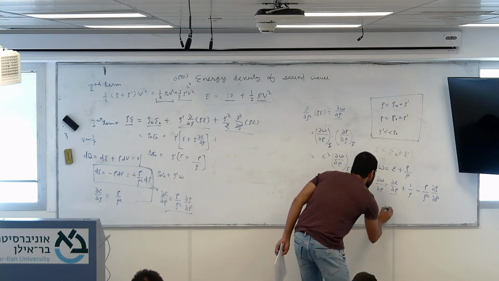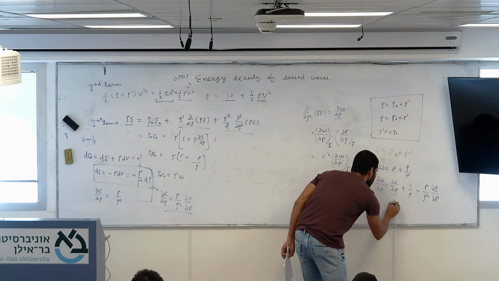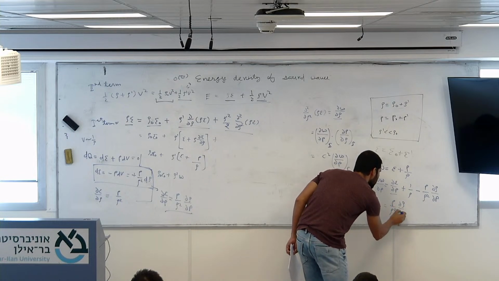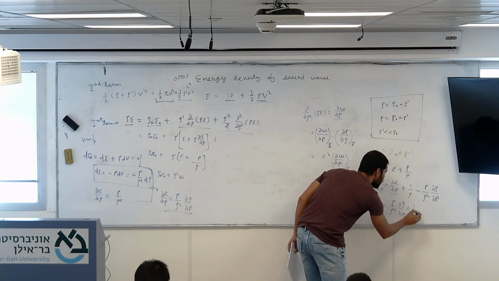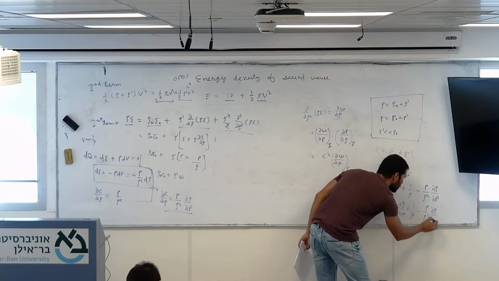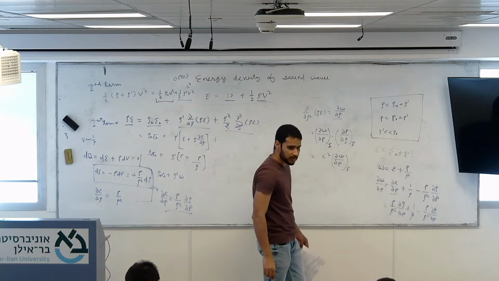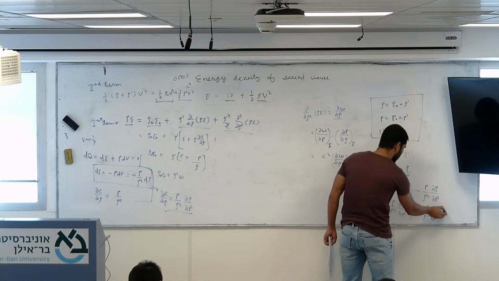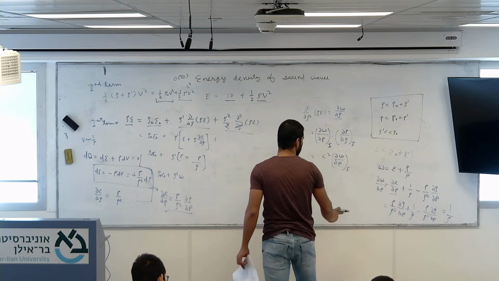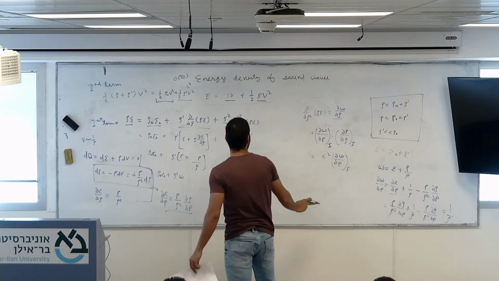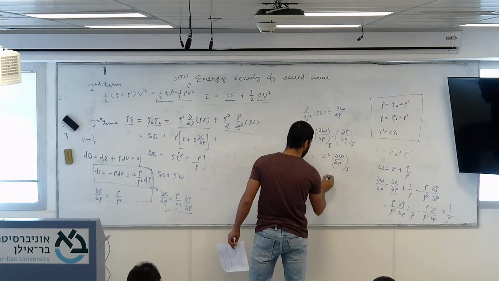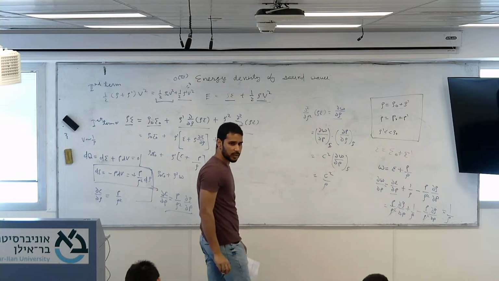First one, so it becomes D. These terms are equal, you can see. So finally you have dW over dP is 1 over rho. This is C square over rho. Okay.